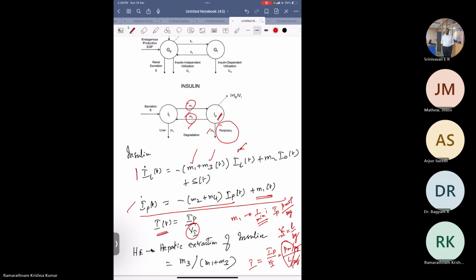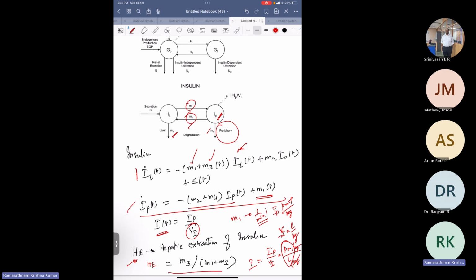Okay, so there is also in literature what is called hepatic extraction. Hepatic extraction of insulin is defined in 2 terms. From the liver, some amount of insulin leaves irreversibly. That means it's not going to come back. A lot of experimental work has been done on this.